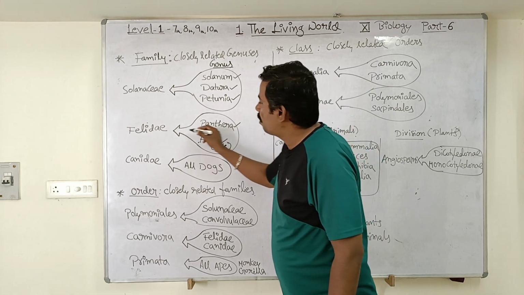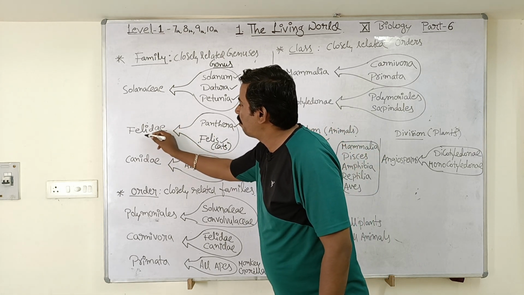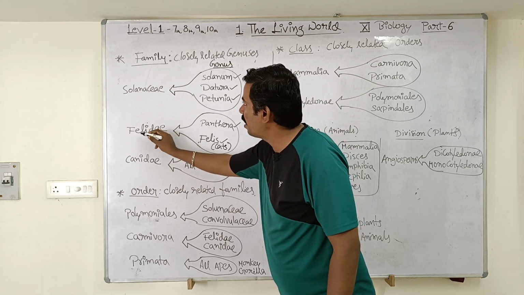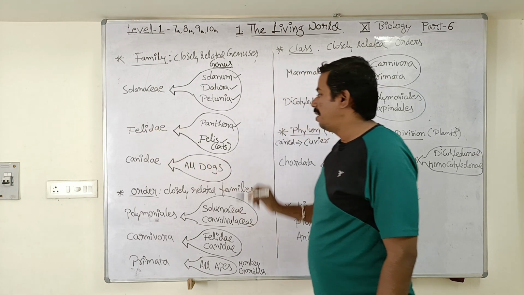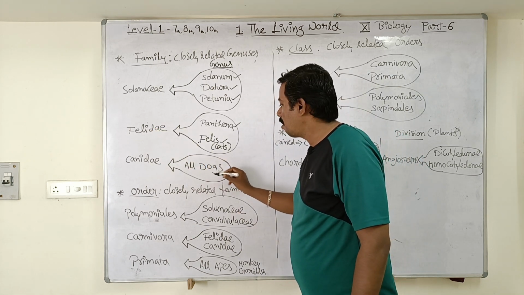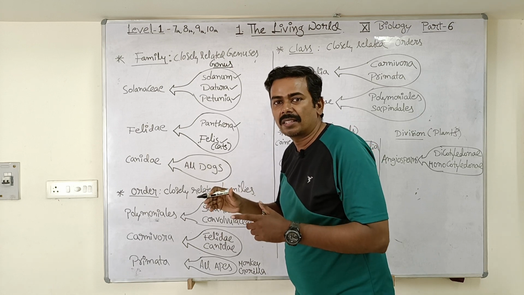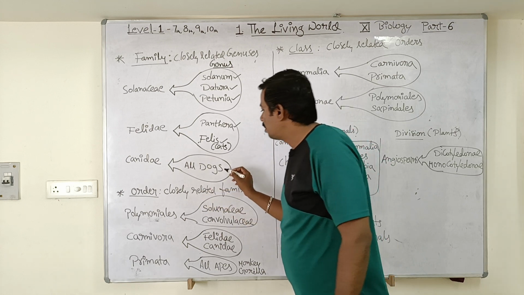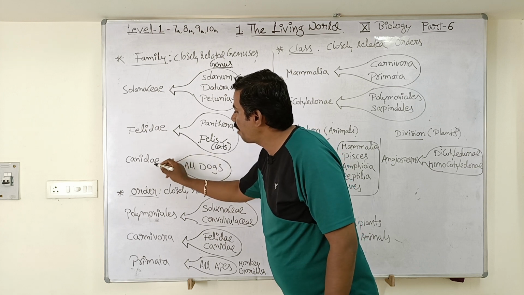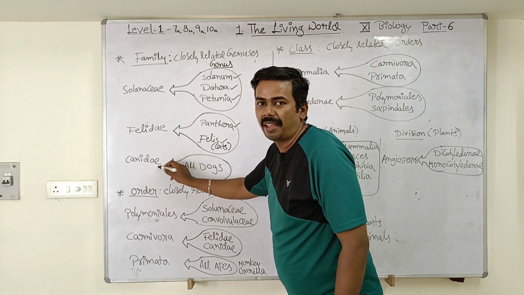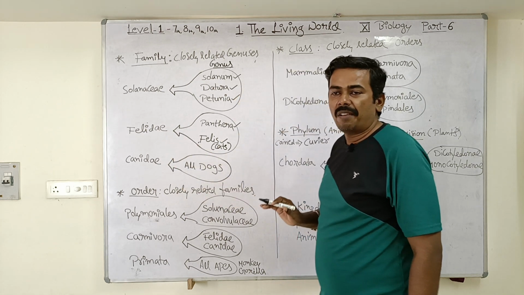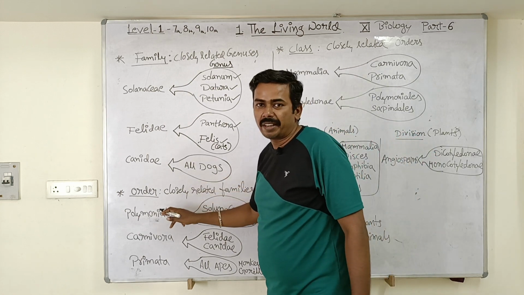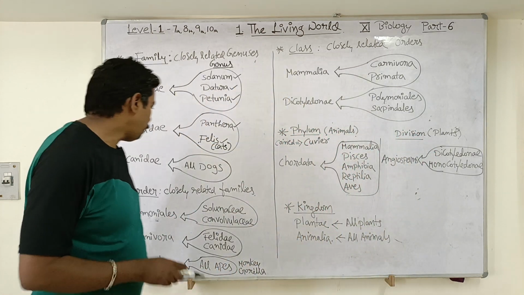So that's why they are included in family called as Felidae. What is that family? Felidae. Next, all the dogs are having some common characters, some similarities in common. So that's why all the dogs are placed in a family called as Canidae. Understood, students? Understood, everyone? Next, let us go to next taxon, order.